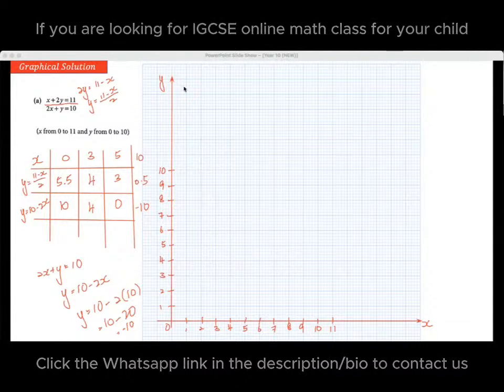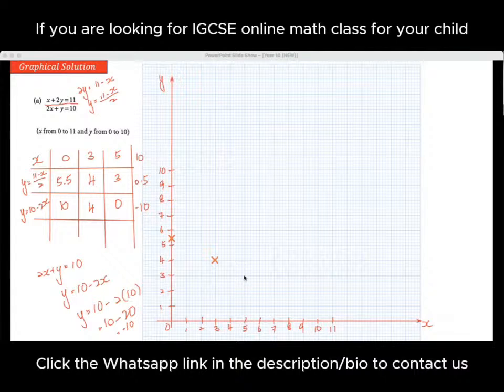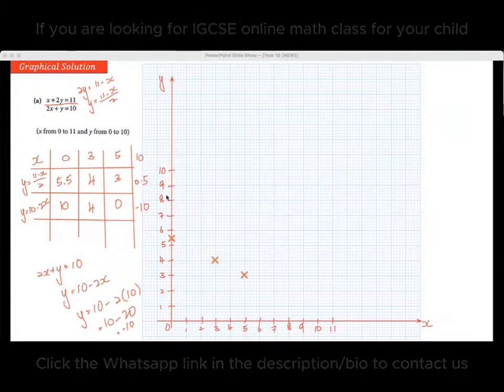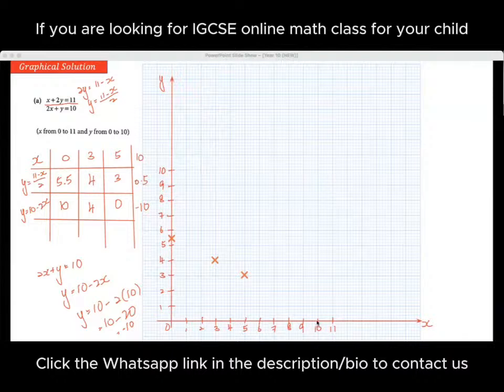Okay, so what I can do here is I plot the first one. 0, 5.5 is over here. Then 3 and 4 is over here. 5 and 3. 10 and 0.5 is over here.